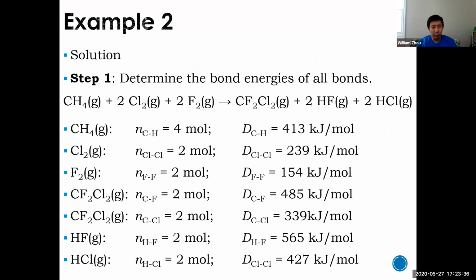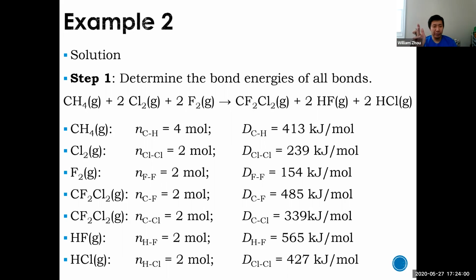Methane, CH4, has 4 carbon-hydrogen bonds. So the moles is 4, not 1. You have 1 mole of methane, but for 1 mole of methane, you have 4 CH bonds. So n is 4. Bond energy for the CH is 413 kilojoules per mole.